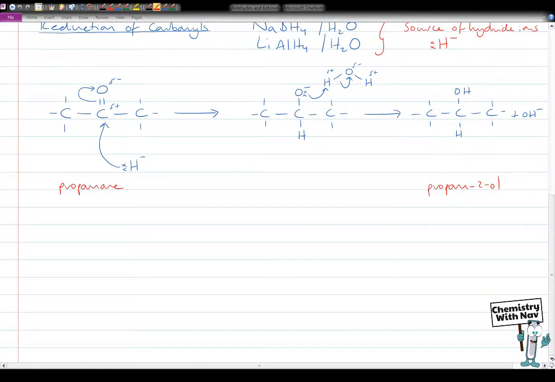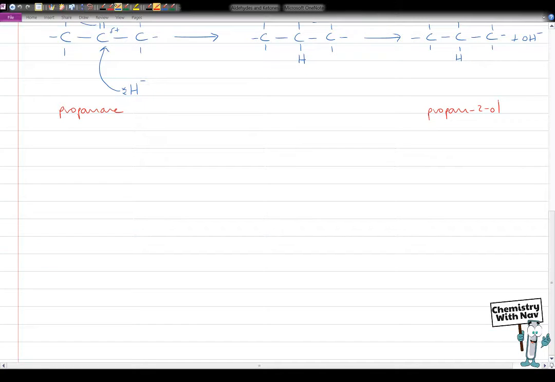The other reaction is the reaction of something like ethanal, but this time with CN- ions. So this could come from HCN or more likely KCN, where the CN- ions also attack, so the mechanism is the same.